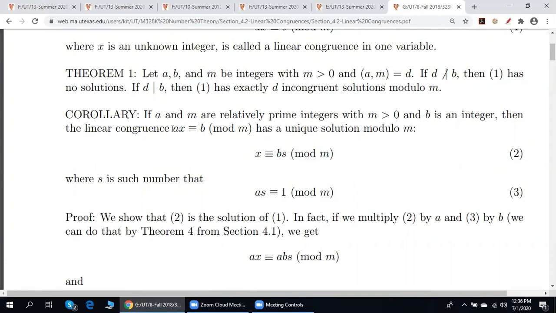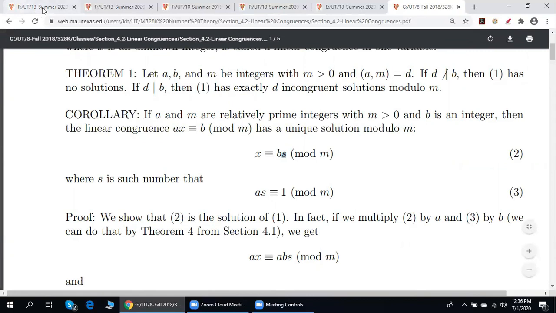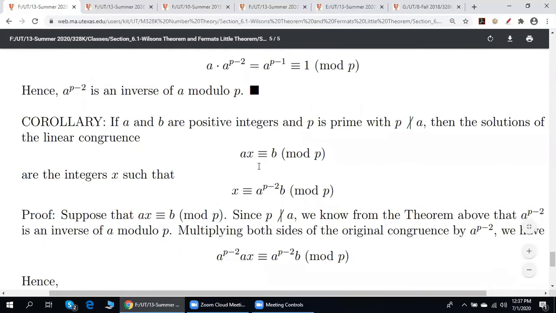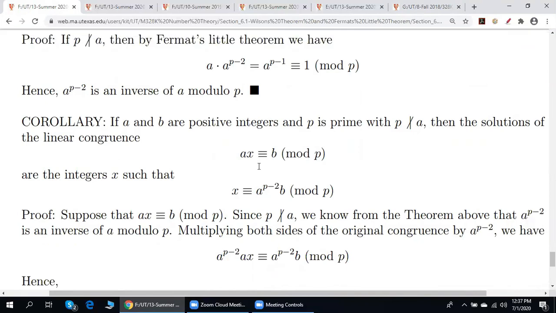In short, in order to solve this congruence, first we find inverse of a modulo m and then multiply b by this inverse. But remember, we just discussed by theorem 3, inverse of a modulo p is a to p minus 2. So we get the following result.